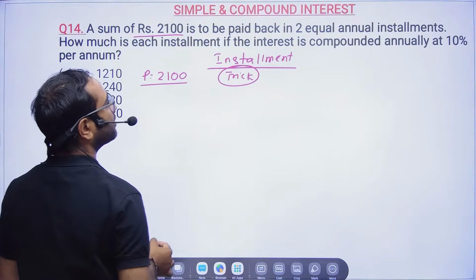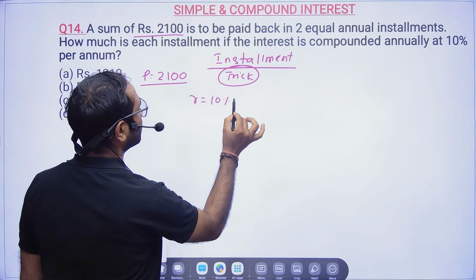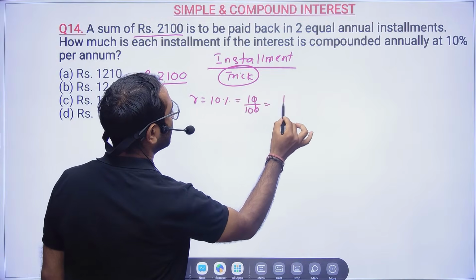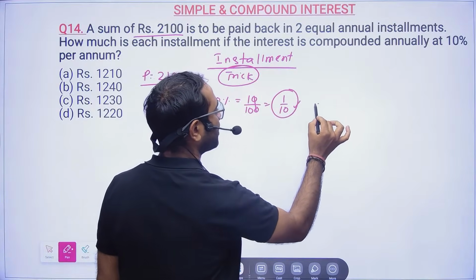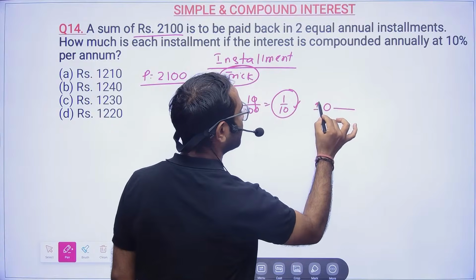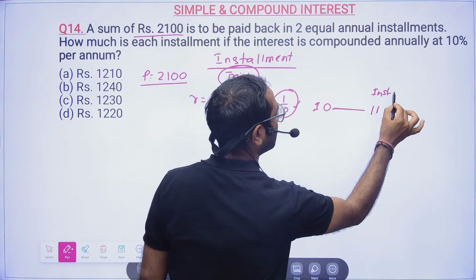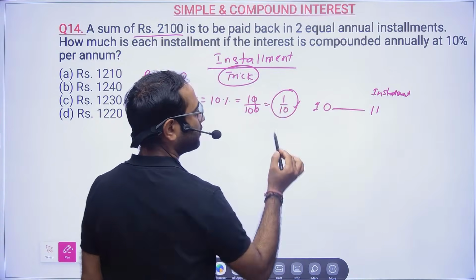How much is each installment if the rate of interest is 10%? R is 10%, 10 means 10 by 100, that means 1 by 10. The meaning is, if 10 rupees is the principal, 1 rupee is the interest, and with interest you have to pay the installment. It is for 2 years.